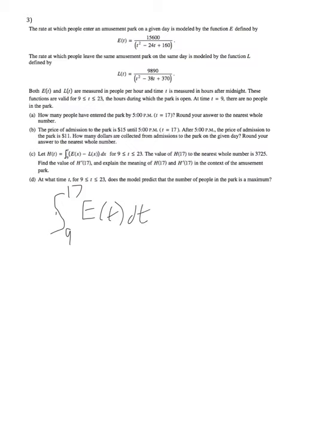Here's my rate at which people enter. The definite integral of that always gives me the net change in the people who have entered. It's from 9 to 17, because we start at time t equals 9 and they're asking about 5 p.m., which is t equals 17.